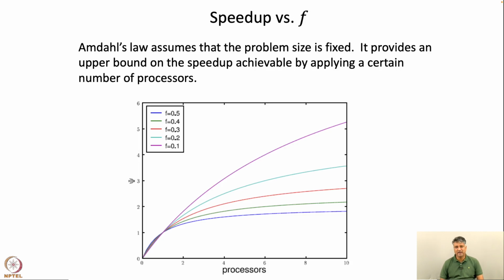Now, where does this come in a practical sense? Typically we start off with a serial code, and then taking the serial code, we have to start implementing parallel algorithms for that particular serial code to achieve a certain speed up. Now, this graph and this theoretical analysis clearly tell us that if the sequential parts of the code are large, then there is no point trying to parallelize it.